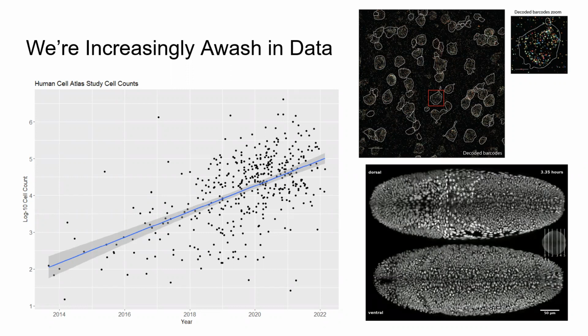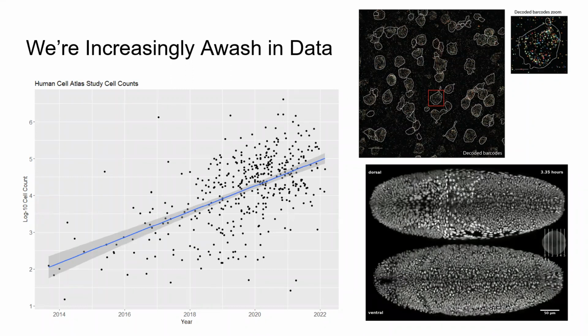In the top right, you have single molecule FISH, which is showing how you can visualize the locations of RNA transcripts in tissues at extremely high resolution.